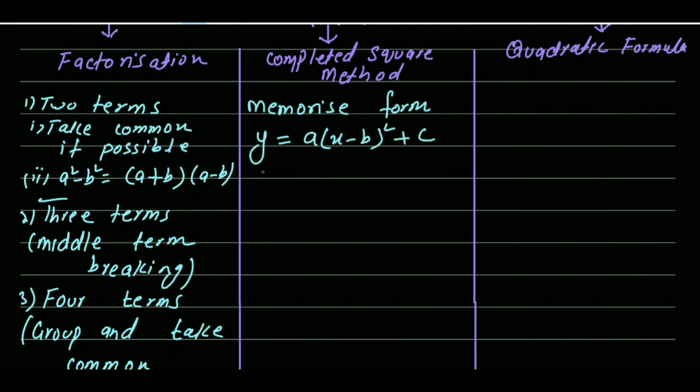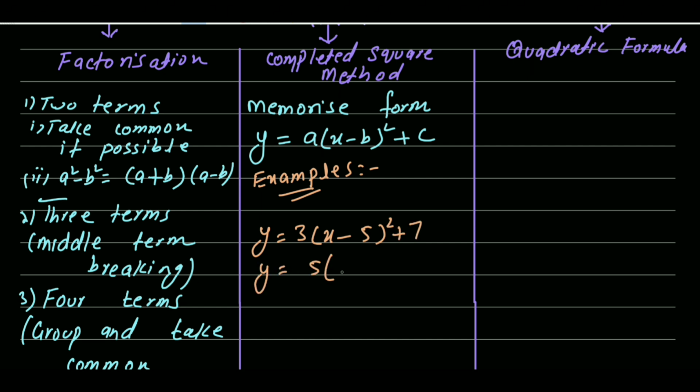Examples: if y is equal to 3 into x minus 5 whole square plus 7, if y is equal to 5 into x plus 2 whole square minus 3, if y is equal to 2 into x minus 1 whole square minus 8.